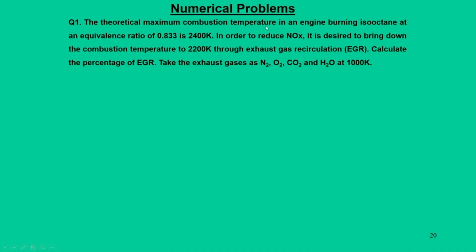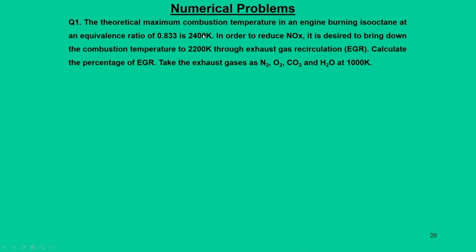The theoretical maximum combustion temperature in an engine while burning isooctane with an equivalence ratio of 0.833 is 2400 Kelvin. Now, at this temperature NOx formation is quite important.